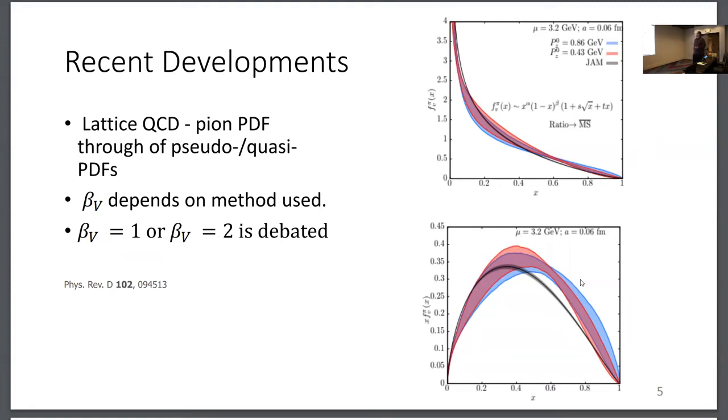So here they have different results, this is for nu, and this is the basic structure you get for a PDF. There's some continuous function. This is for low X, this is for high X, and this is the X-weighted PDF that they have. And this is the spacing of the lattice.